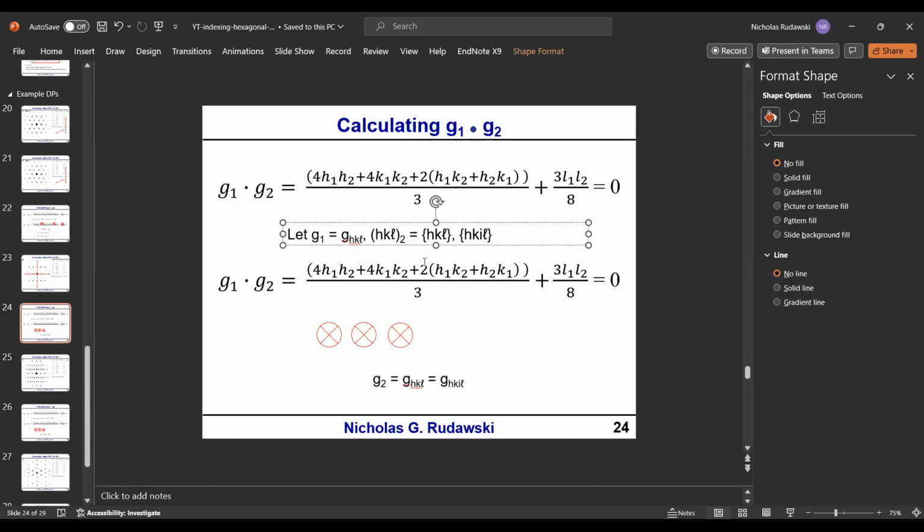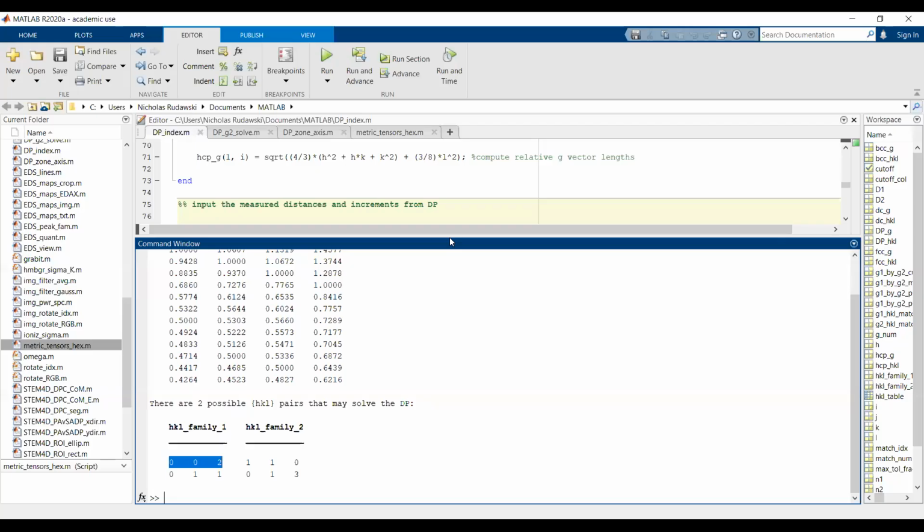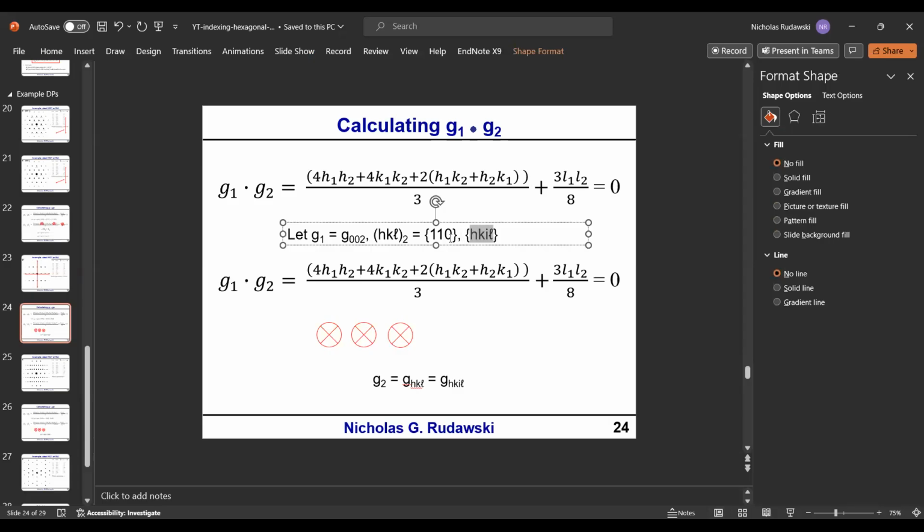So again, let's assume here, I have to do 0, 0, 2. I can't do 2, 0, 0 or 0, 2, 0. So let's let HKL2, so we know that it has to be in this family, which if I expand to 4 index notation is this. So all we got to do is plug and chug. It's very obvious this term's going to be 0.